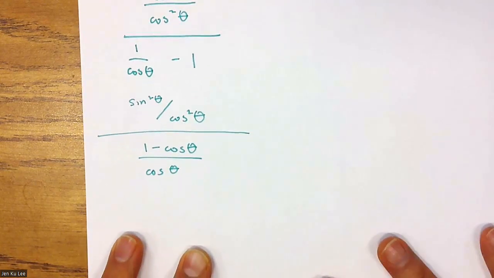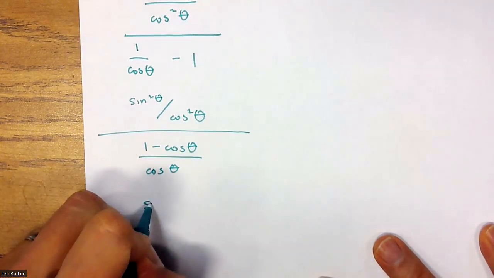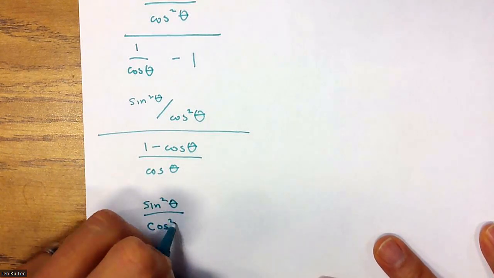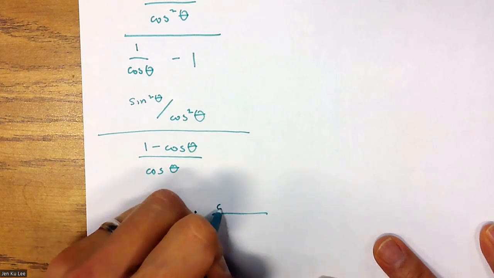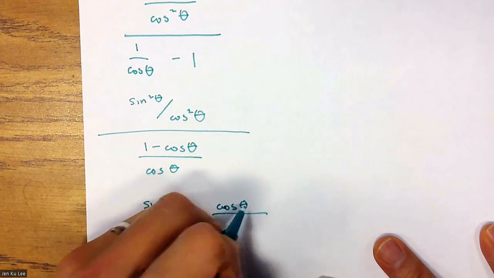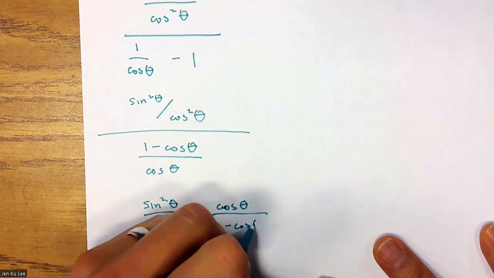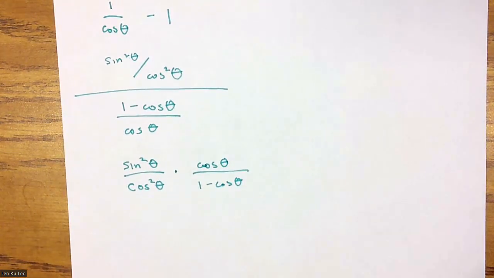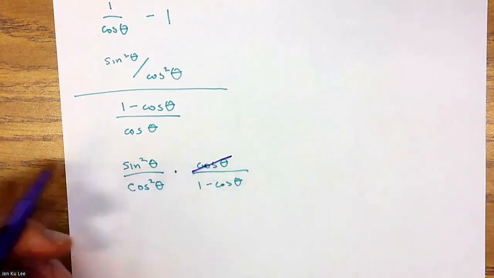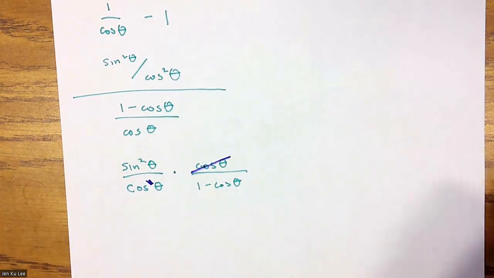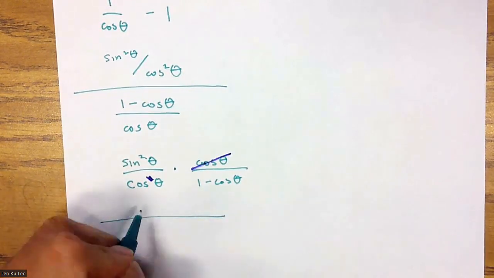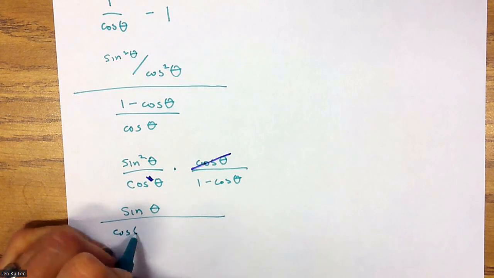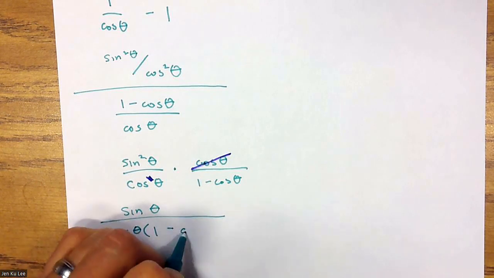So using my basic math skills, I know that I can just take the reciprocal of this, right? Make it look like that. Okay. And then I can cancel out one of the cosines. So now I have sine theta over cosine theta times 1 minus cosine theta.